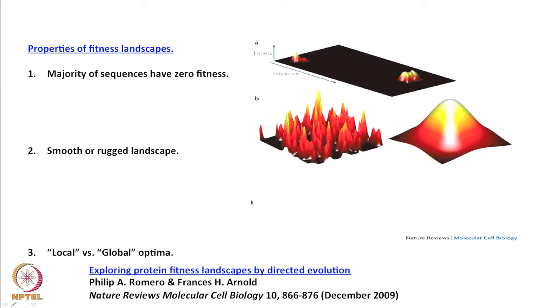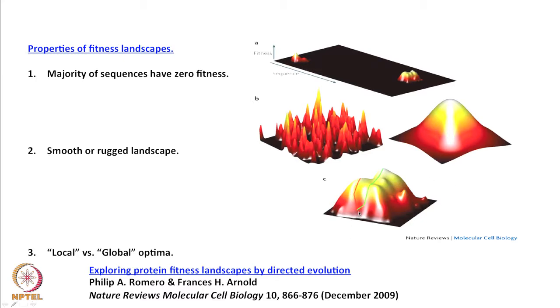Okay, and the third property, which is highlighted in this review paper, is the effect of stochasticity. It's something that we have already touched on in this part of the figure, but they have highlighted it again. Now imagine this to be the starting point of your simulation. So imagine you're doing an experiment where all cells at time t equal to 0 are genotypically identical.